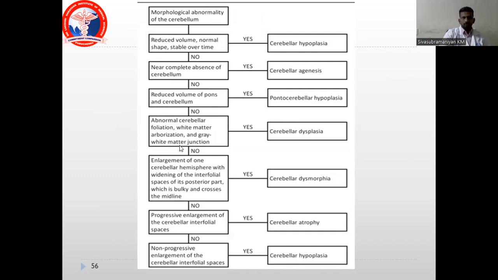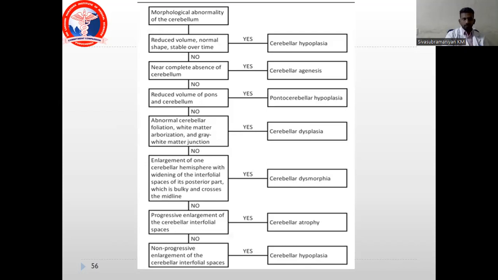Or else, you should ask the question, is there an abnormal foliation or is there abnormal white matter arborization? If so, it is a dysplasia and it is a malformation. If not, you should ask, is there enlargement of the cerebellar hemisphere with widening of the interfolial spaces? If yes, then it is probably a cerebellar dysmorphia. If not, then you need to follow up the case, and if there is progressive enlargement of the cerebellar infratentorial spaces, then it's probably a cerebellar atrophy.